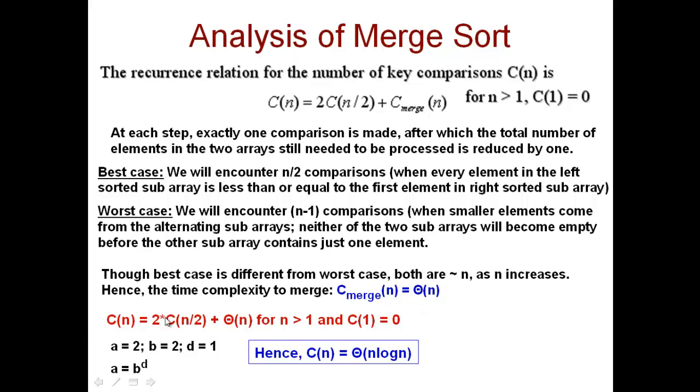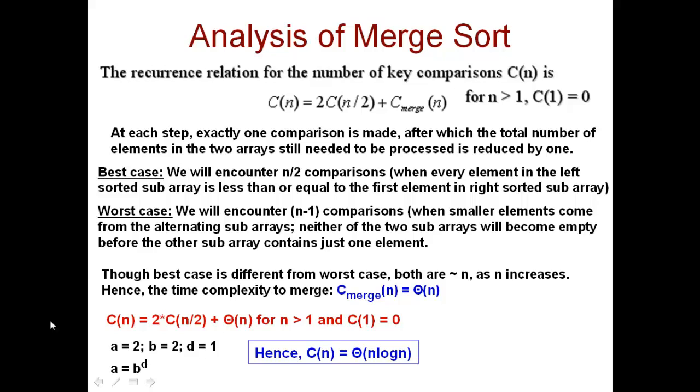So we can now write the recurrence relation as C of n is 2 times C of n over 2 plus theta of n for n greater than 1 and C of 1 equals 0. So you can solve this using master theorem by finding out the a, b, d values.